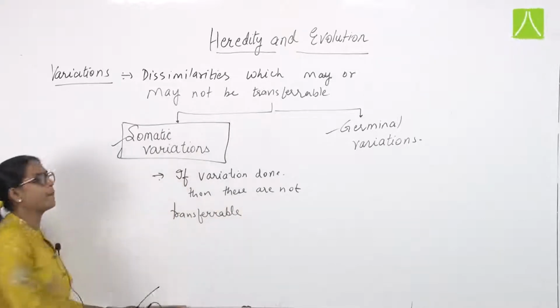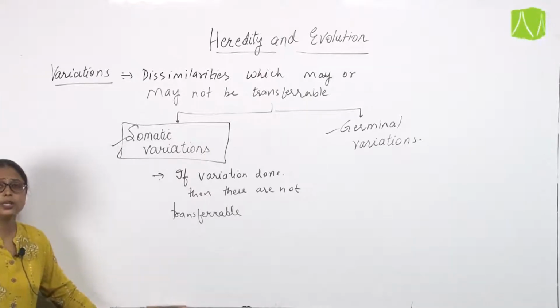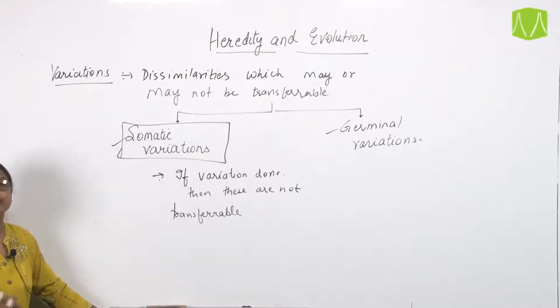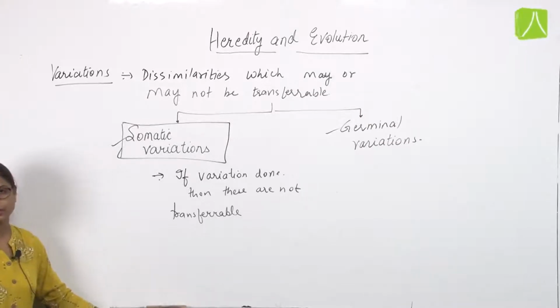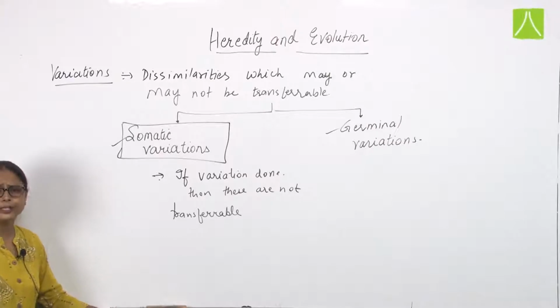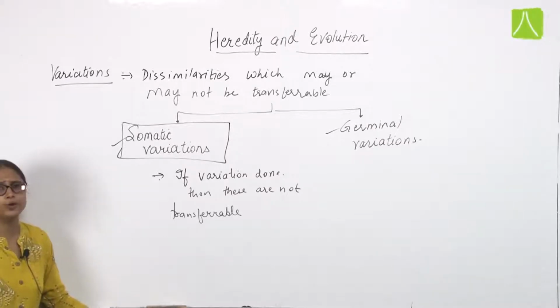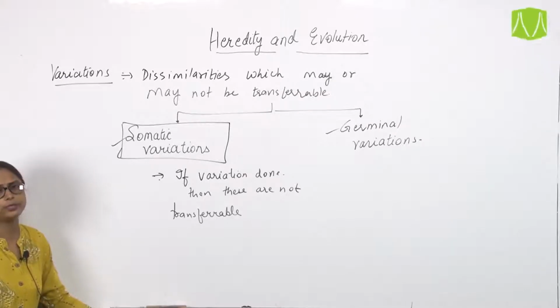That means if there are any changes in the genetic material, that is in the DNA, like DNA is the most important genetic material inside our cell. You people have studied about the chromosome and about DNA in your last class, that is 9th class, in the very first chapter, that is the cell.